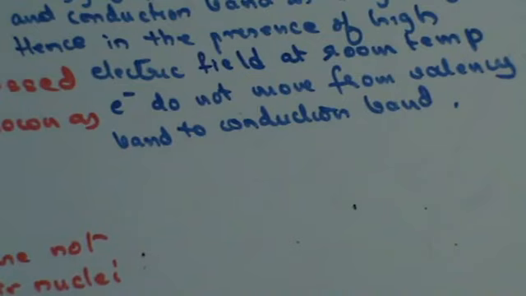Now, so the valency electrons in the insulators do not have enough energy to cross over to the conduction band, right?